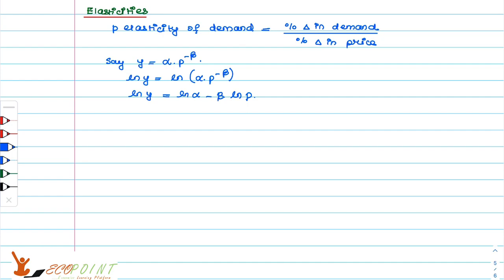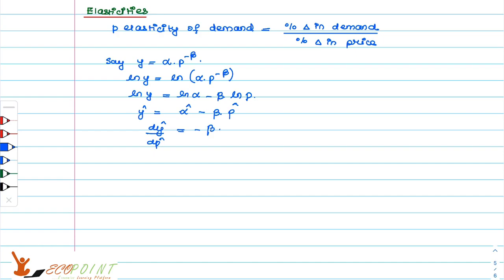So can I write this as y hat? This is, let's say, alpha hat. So these are the transformed variables. Beta is beta only. This is p hat. So if I find dy hat upon dp hat, it is nothing but minus beta.